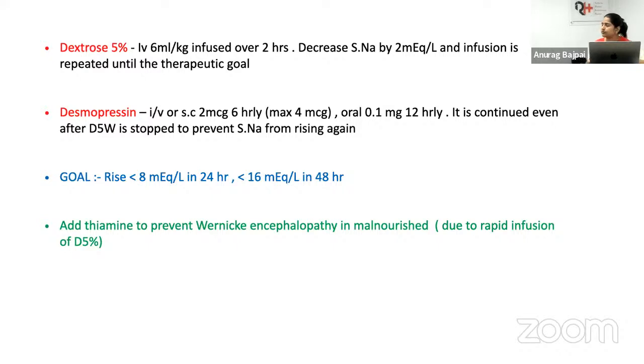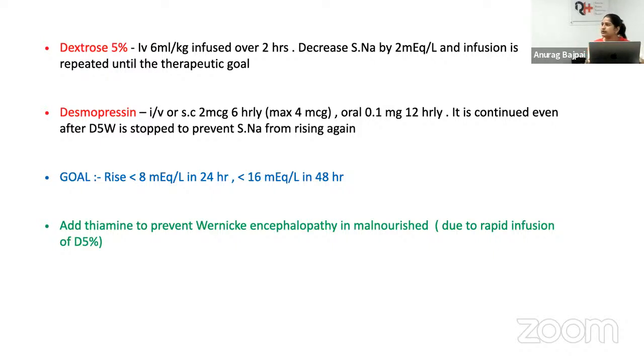Now, what could be the problem of giving dextrose in this scenario? You're giving free water only, to decrease the sodium. What problem can happen with dextrose in this patient who has another electrolyte problem? Insulin, right?